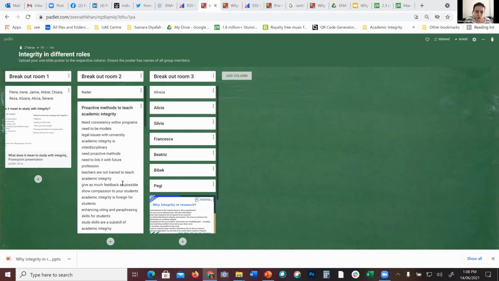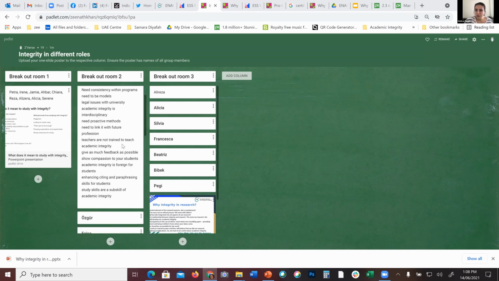So to sum up what we have come up with, I think we can say how to teach with integrity. What we need to do is be as responsible as possible for practice, be very good role models, actually perfect role models with no flaws in terms of integrity, of course.